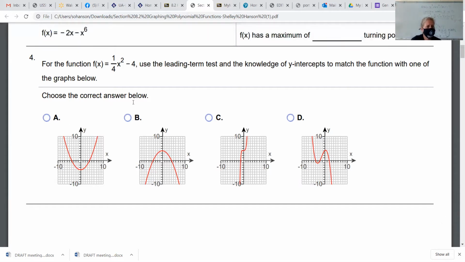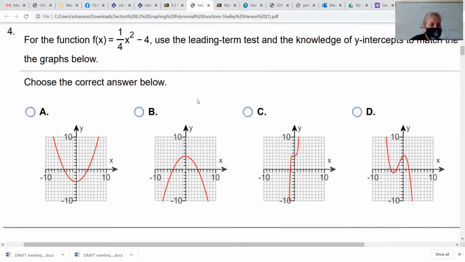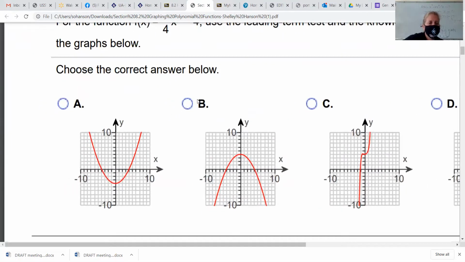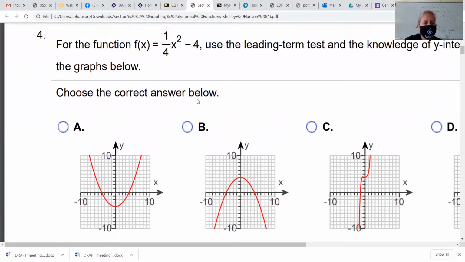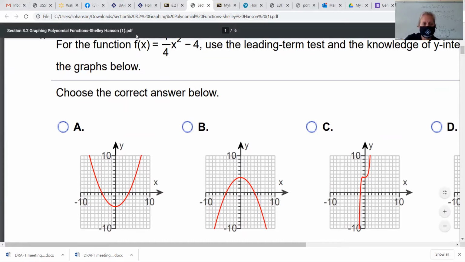Okay? Now let's talk about the y-intercept on this one. Look at A's y-intercept. Where does it cross through the y-axis? Look at your function. What if I replace that x in the function with a 0? What would be left over? -4, right? If I put the 0 in that spot with the x squared, it knocks out that whole term.